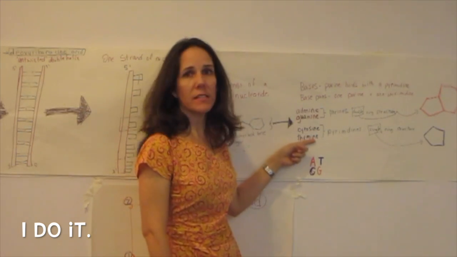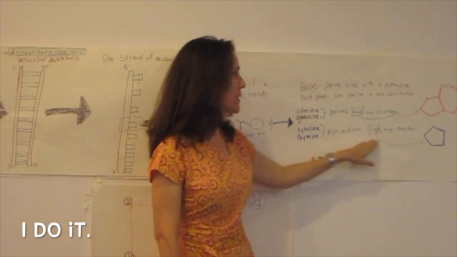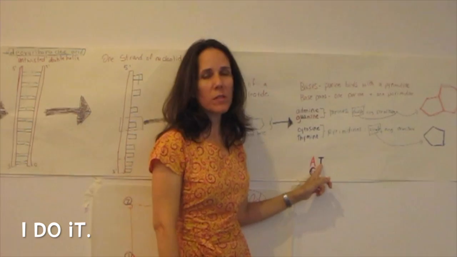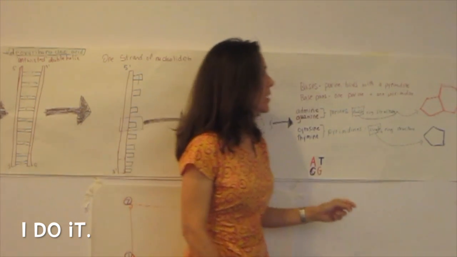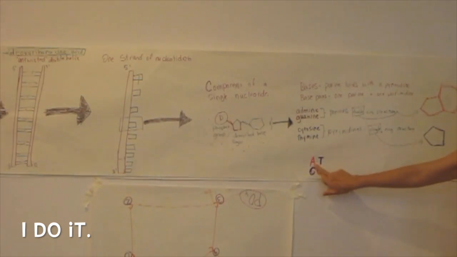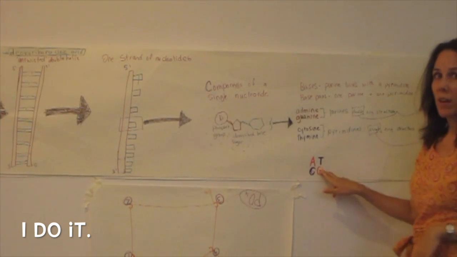The 2 pyrimidines in DNA are cytosine and thymine, and they always have a single ring structure. But in particular, adenine always pairs with thymine, and cytosine always pairs with guanine. So it's this arrangement of base pairs with a rule that A always pairs with T and C always pairs with G that makes us who we are.